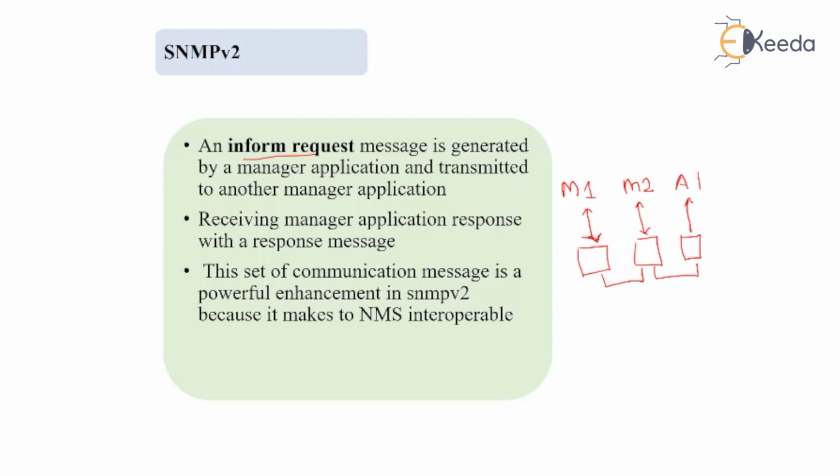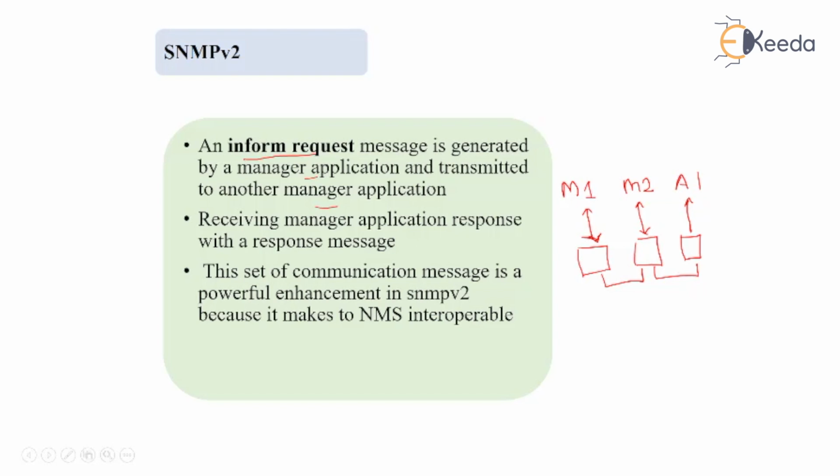An inform request message is generated by a manager application and transmitted to another manager application. The receiving manager application responds with a response message. This set of communication messages is a powerful enhancement in SNMP V2 because it makes NMS interoperable.